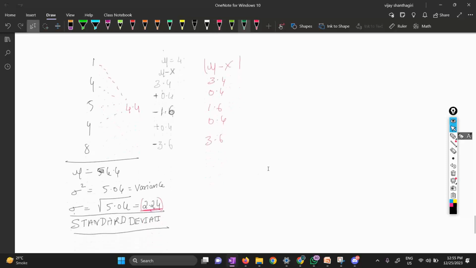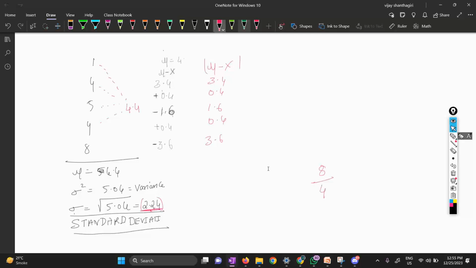Now, can you express this in terms of the standard deviation? How many standard deviations away is 1 from 4.4? How far? Distance will be the 2.24. How many standard deviations is this number 1 from its mean? You tell me this: how many fours are there in 8?